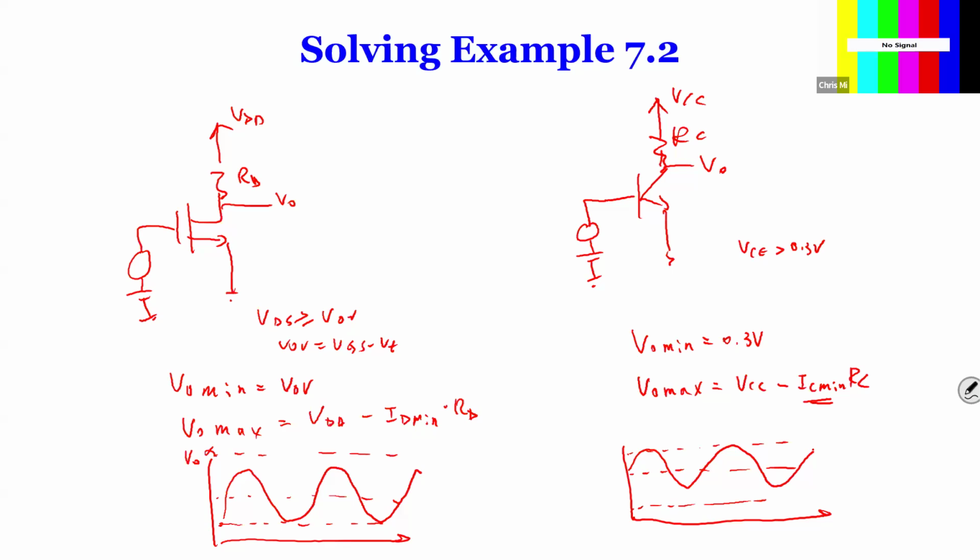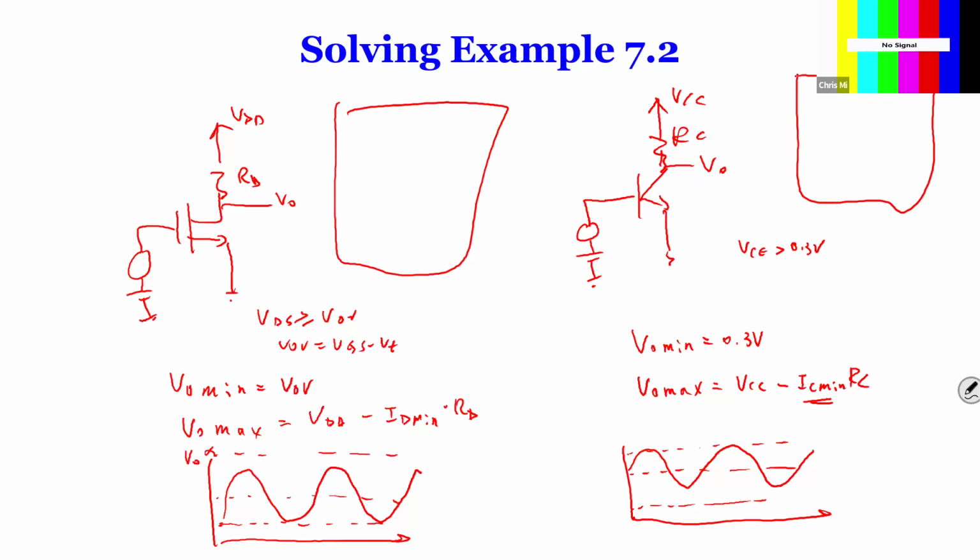And of course, from here, you can easily find the input range. The input range will be, because your VGS in this case is going to be minus VO over AV.